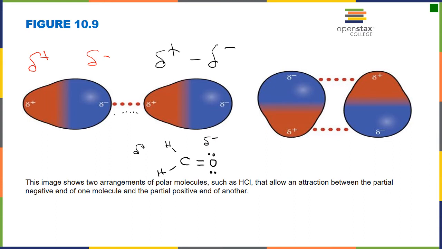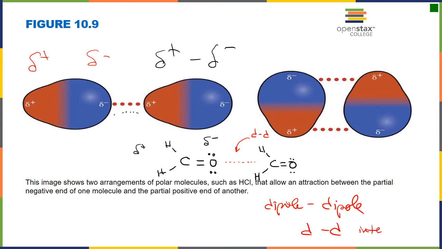This end with the oxygen has a higher electronegativity, making that partial negative. If I stick another formaldehyde in here, we're going to have an interaction. And this interaction is going to be the negative end of one with the positive of the other. And this is my dipole. We shorthand dipole as a D interaction between two polar molecules.